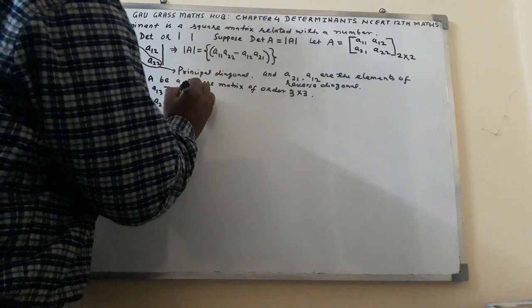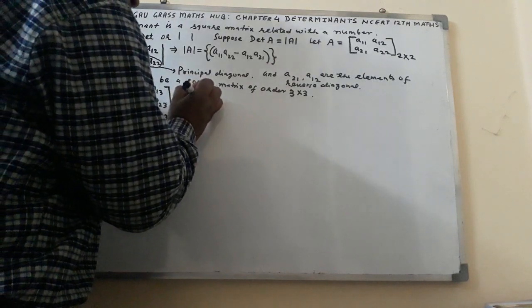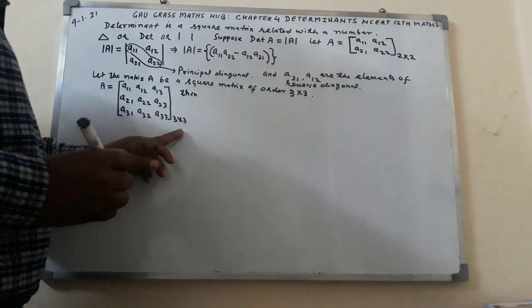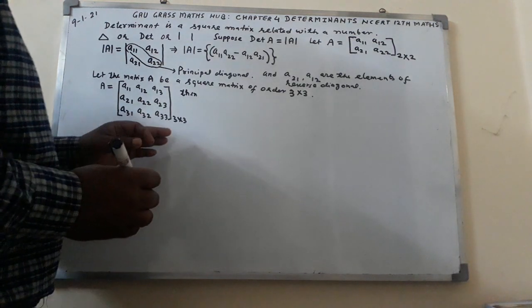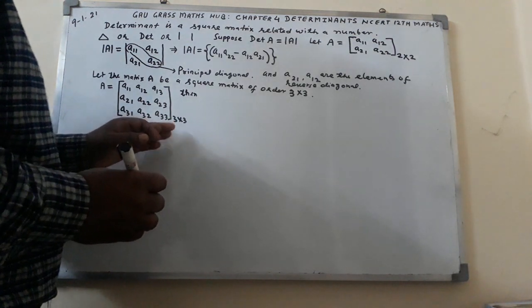Then this is a square matrix of order 3 cross 3.